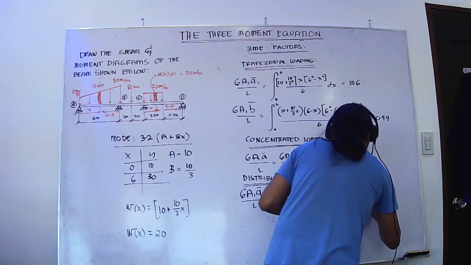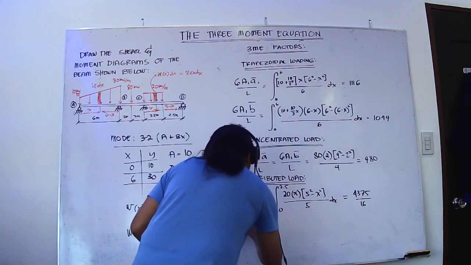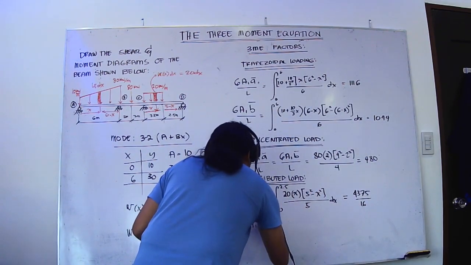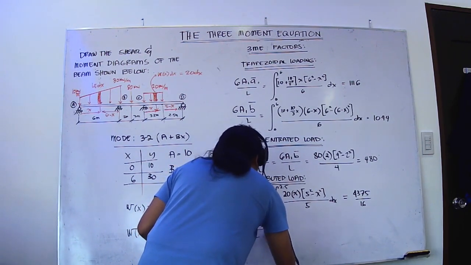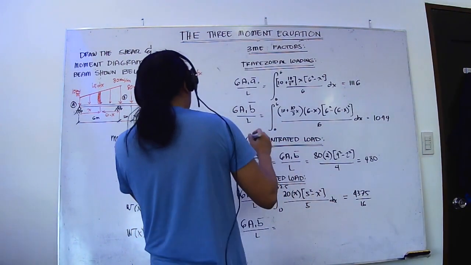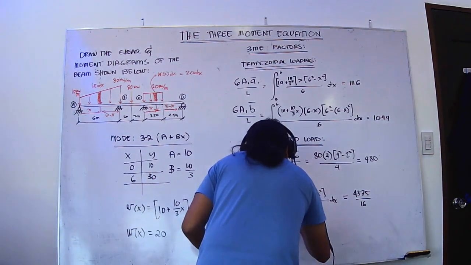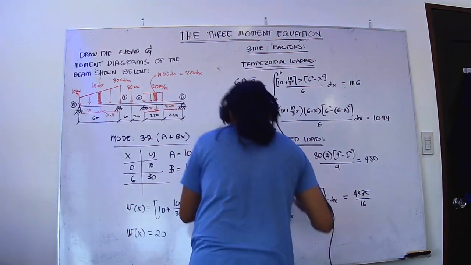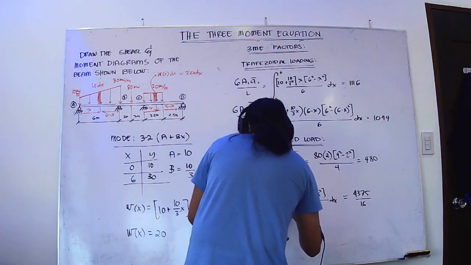Likewise, 6 A1 B over L, where L is equal to 5.